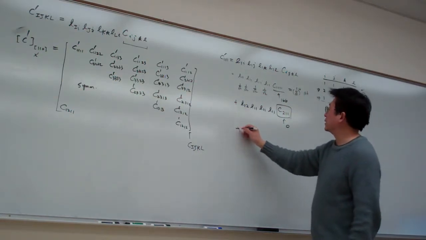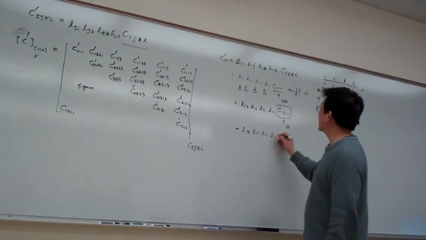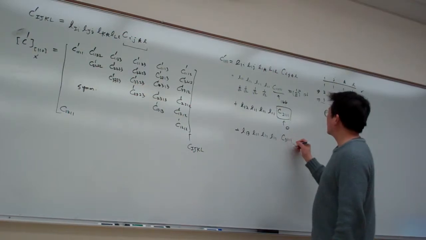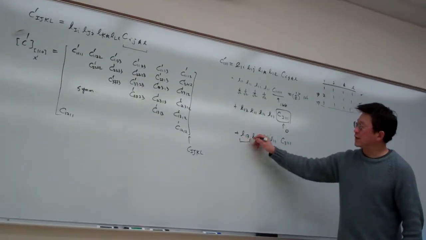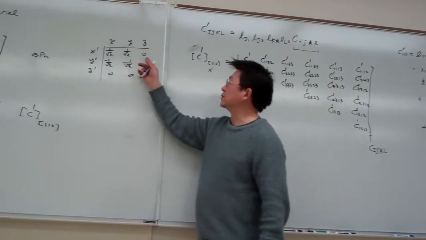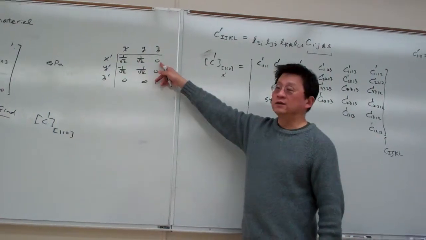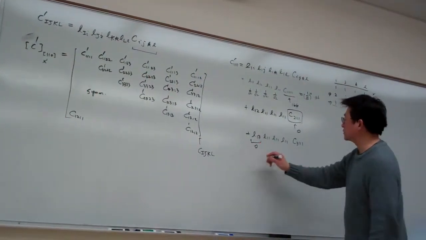So for this one is L13, L11, L11, L11, C3111. Okay, so now for this one, you can see for this element, for L13, as long as the 3 index appears, that is equal to 0. So this term is definitely equal to 0.